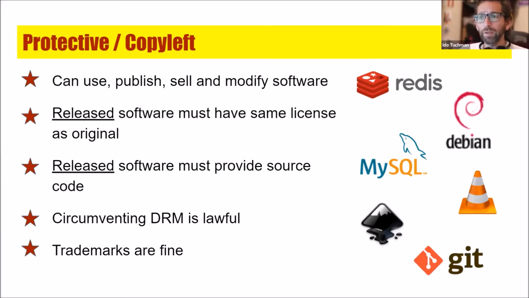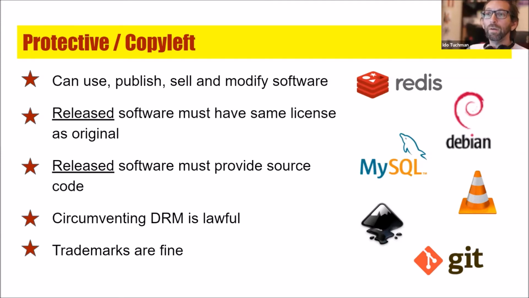Now, one of those conditions is that anytime you release software under this protective license, either the original or the modified software, you have to give that software the same license as the original.